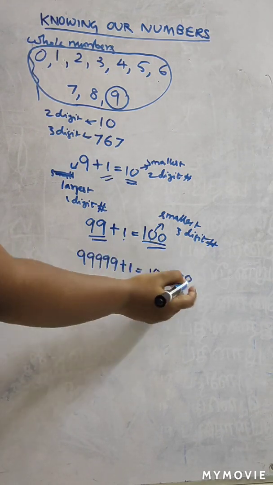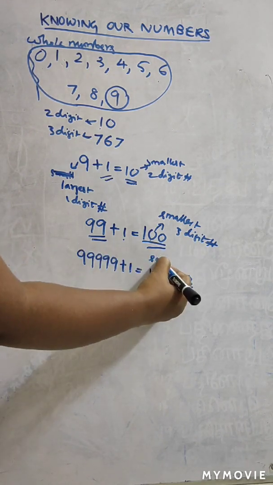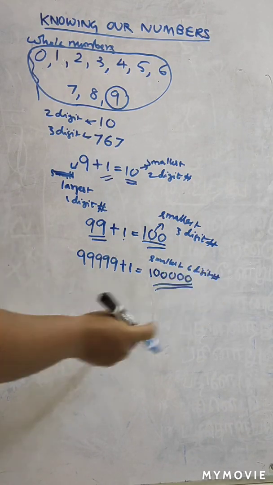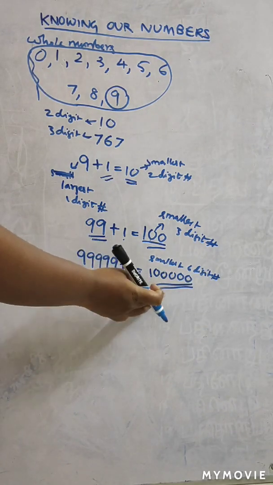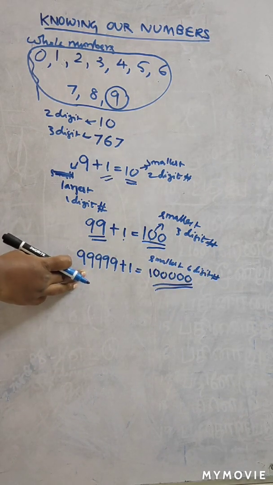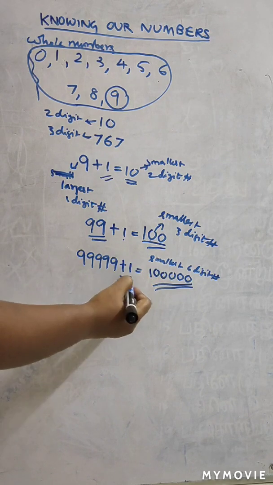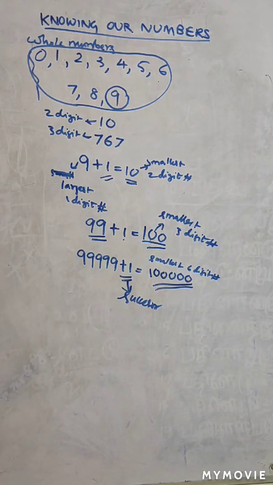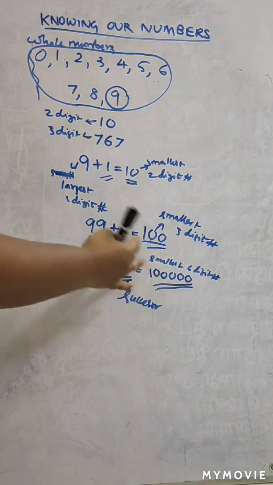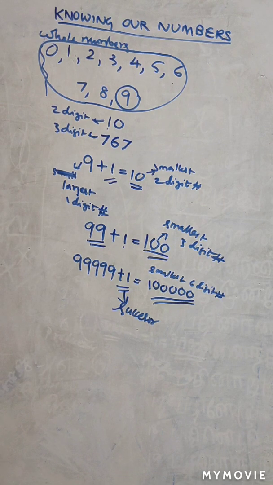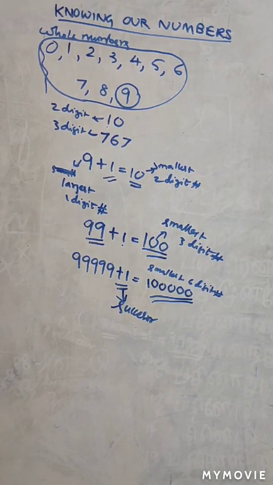This one is nothing but my smallest 6-digit number, right? How did I get it? I added 1 to the largest 5-digit number. So adding 1 gives me the next number, that is also known as the successor. That is how we find the successor. Now we saw how to find the successor of a number, the next number, by adding 1.